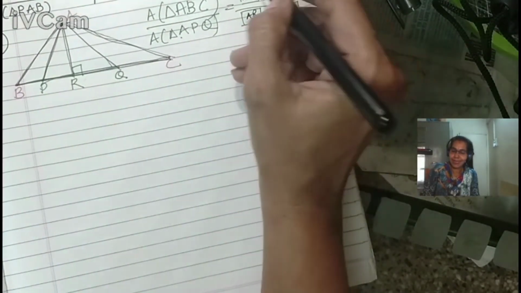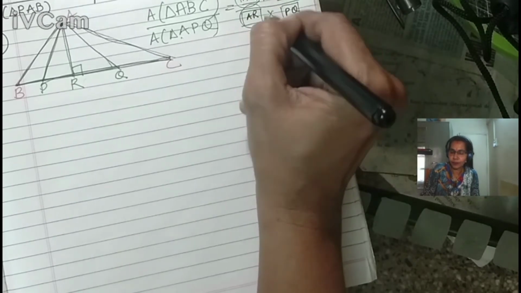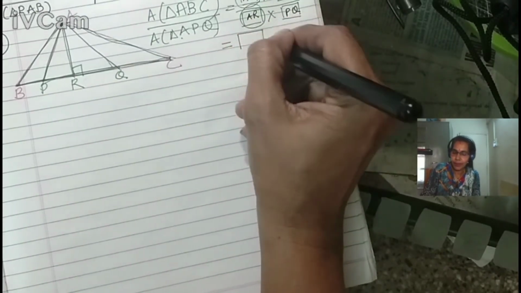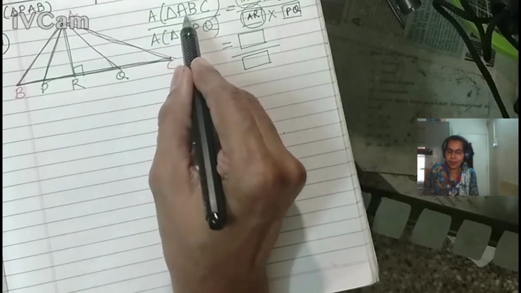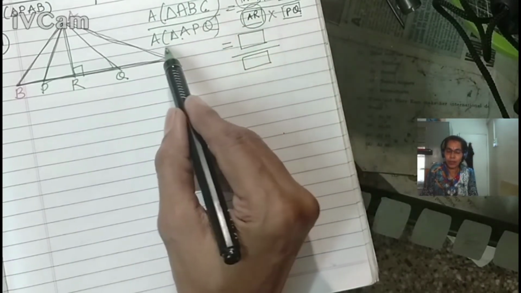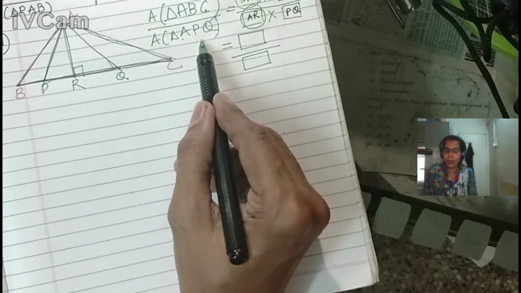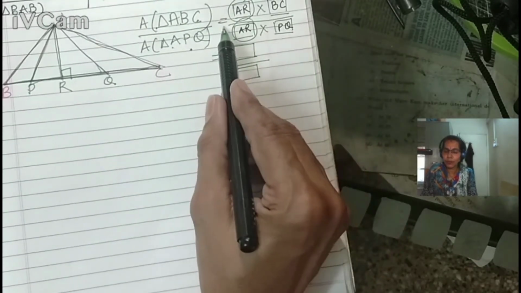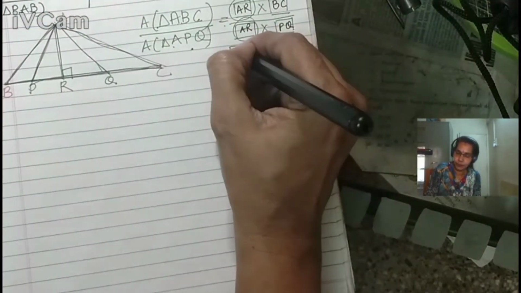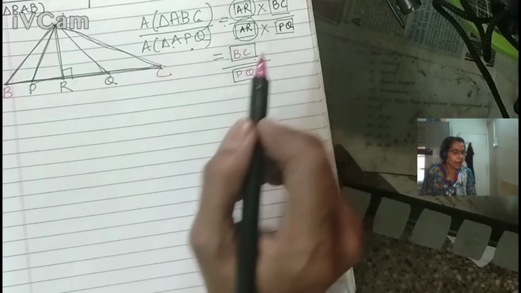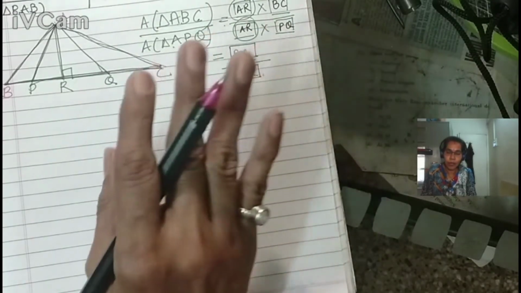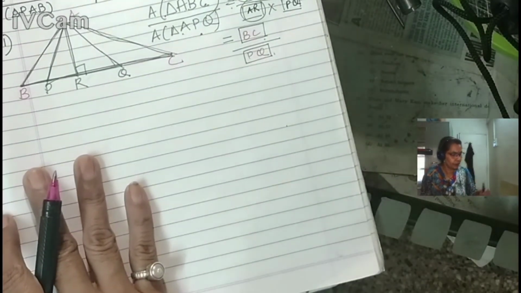In both the things, AR is common. Therefore, we get area of triangle ABC upon area of triangle APQ is equal to BC upon PQ. It's compulsory for you to draw the boxes and write the answers in the boxes itself.